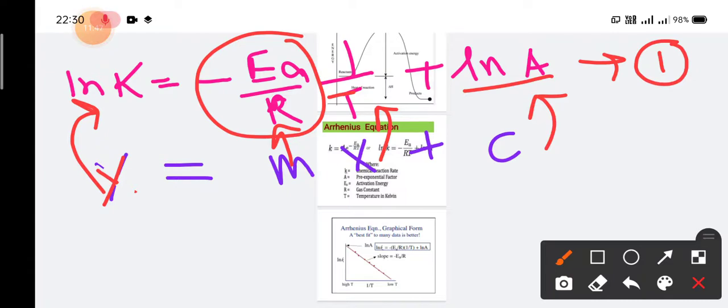As the slope is negative, the graph of ln k versus 1 by T will be in the negative direction.